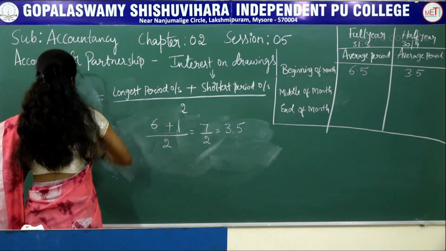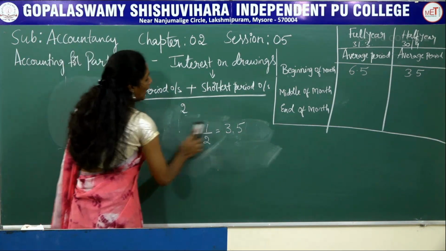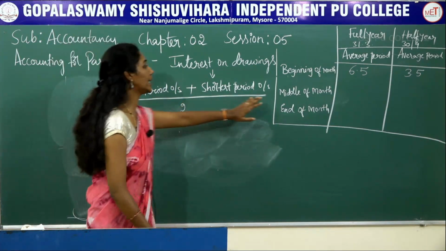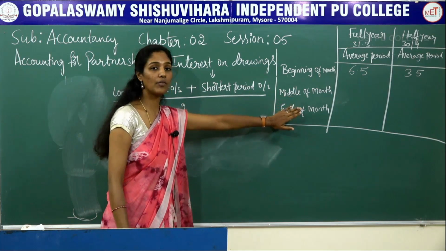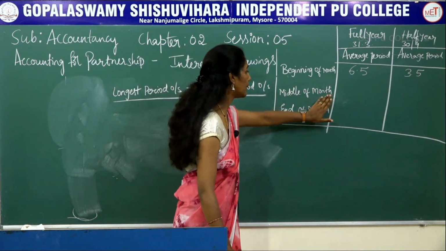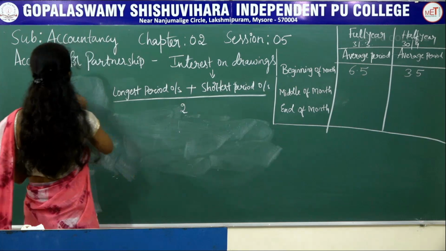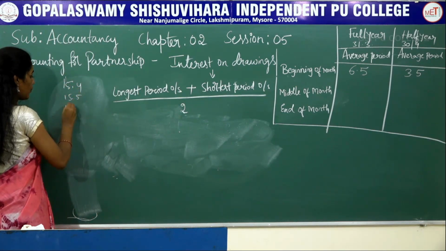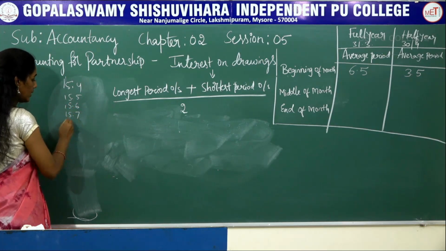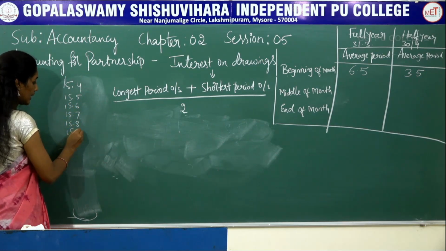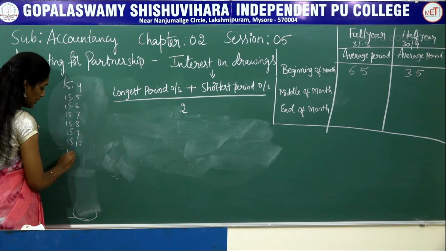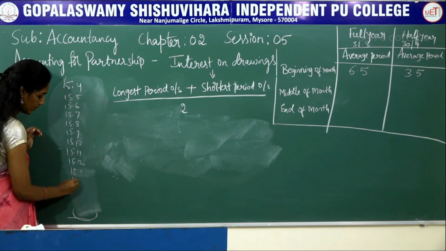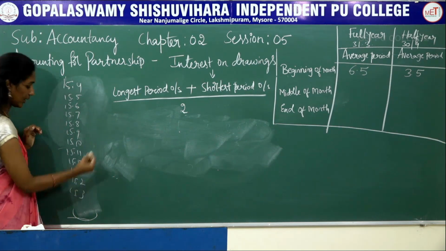The next is, when a partner withdrew at the middle of the month. Middle of the month means 15/4, 15/5, 15/6, 15/7, 15/8, 15/9, 15/10, 15/11, 12, 1, 2 and 3.